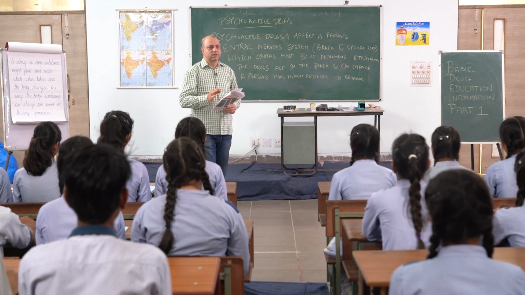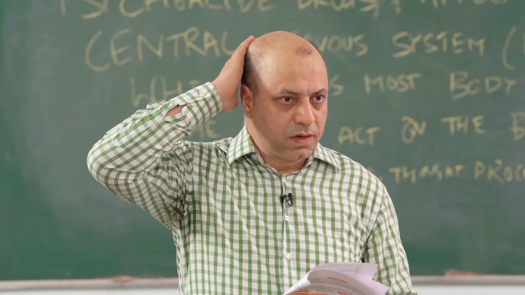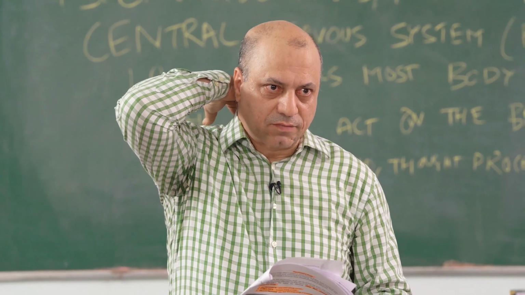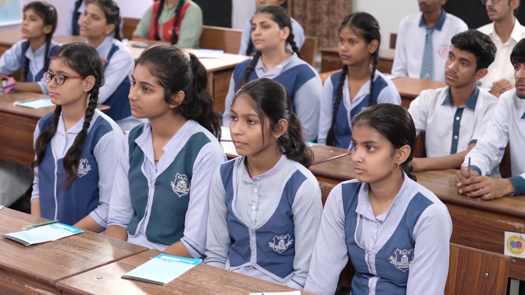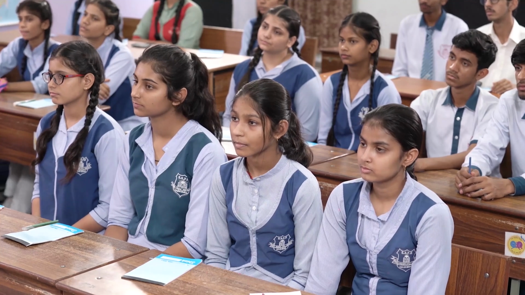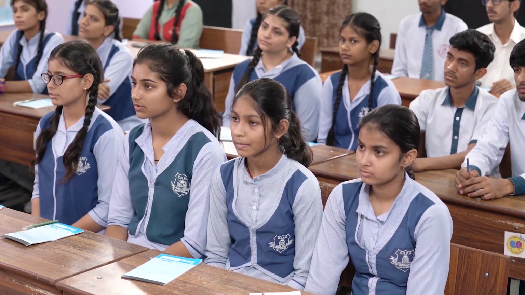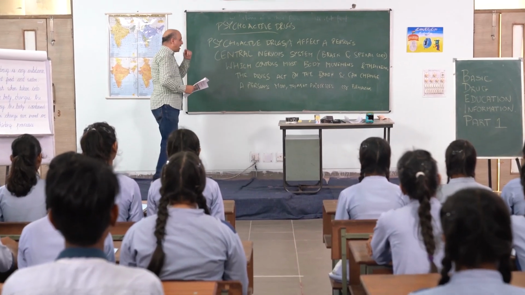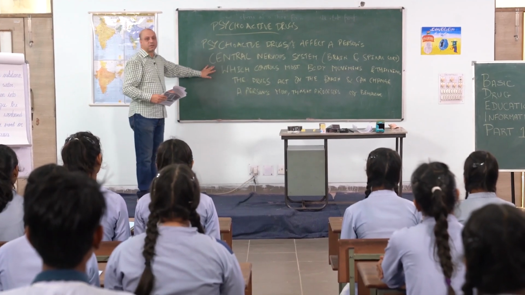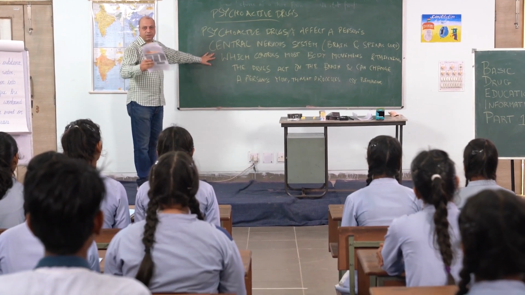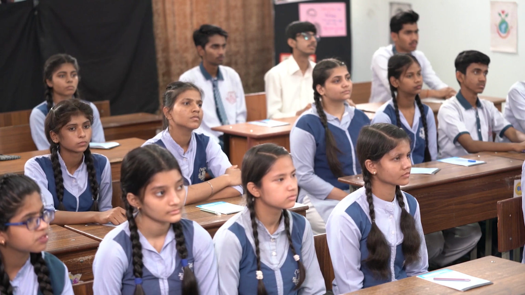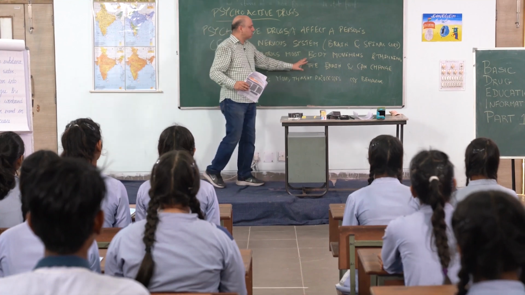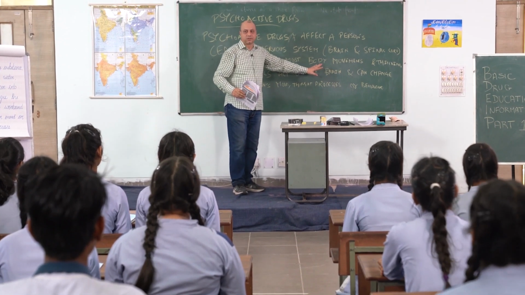So the central nervous system comprises our brain and our spinal cord, which is in the middle of our back. Now as we proceed, we are going to discuss what psychoactive drugs are. Psychoactive drugs affect a person's central nervous system, our brain and spinal cord, which controls most of our body movements.